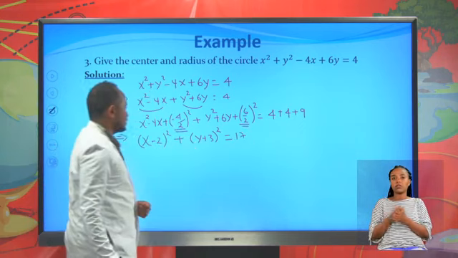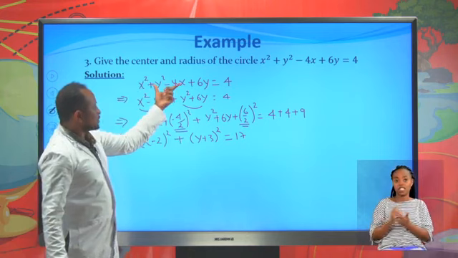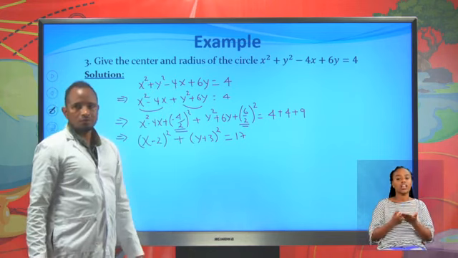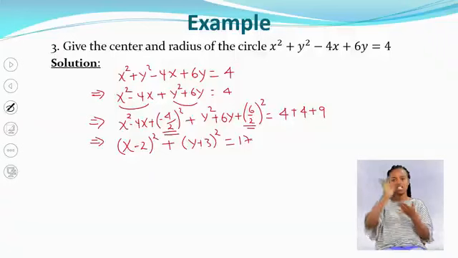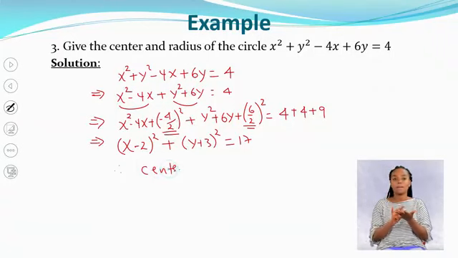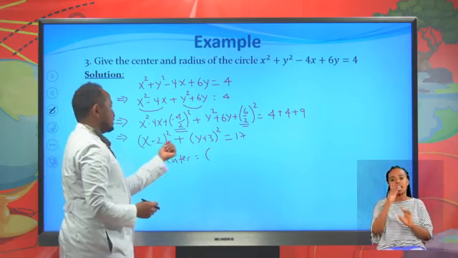So we have written the equation of a circle in standard form. From this you can easily see the center and the radius. The center of this circle is simply the coordinates of x and y, but taking their opposite.